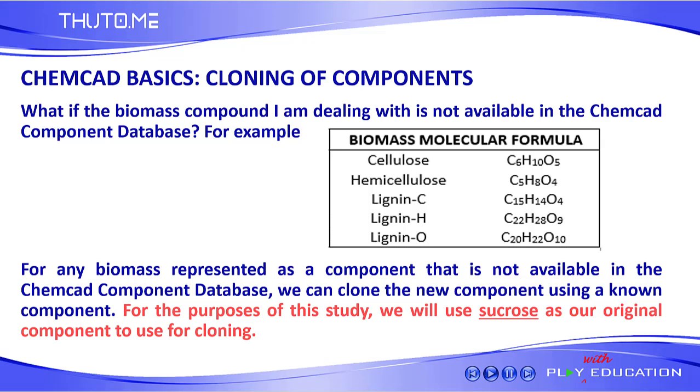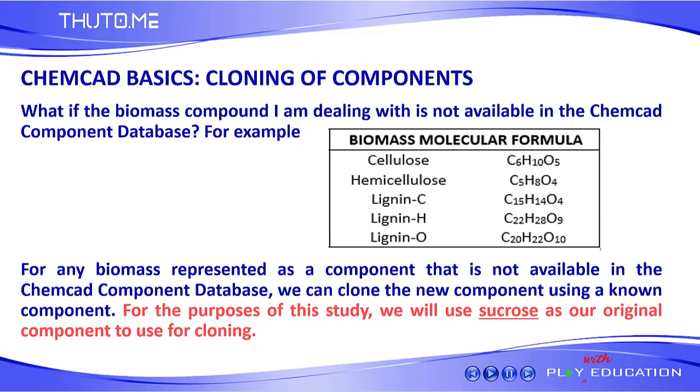For any biomass represented as a component that is not available in Chemcad, we can clone the new component using a known component. For the purposes of this study, we will use sucrose as our original component for cloning, which means that all the components that we'll be cloning, cellulose, hemicellulose, lignin C, H, O, will have properties, both thermodynamic and physical, that of sucrose.